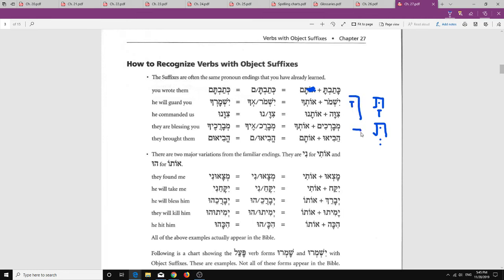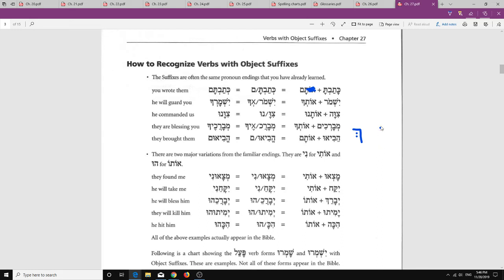So it might look like this or it might look like this. Okay, so I think you should have enough familiarity now with the endings and with the pronominal suffixes to see both how these are similar and related to one another, but also that they are distinct. So if you had something like shamartika, you guarded you, or something kind of strange like that, it's easy to kind of see both endings there.